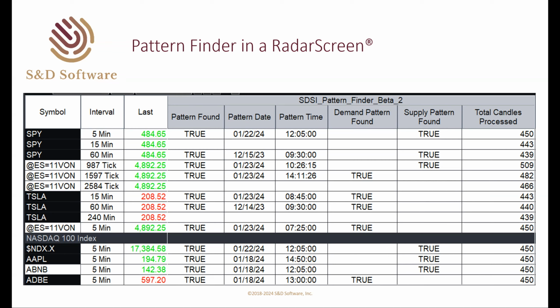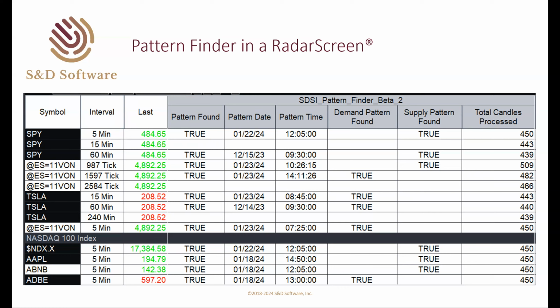And you can also hide other columns you may not be interested in, such as the total candles processed. When you set up the pattern finder, you have to tell it how far back it's going to go looking for patterns. And there are times when a row in the radar screen can get stuck.